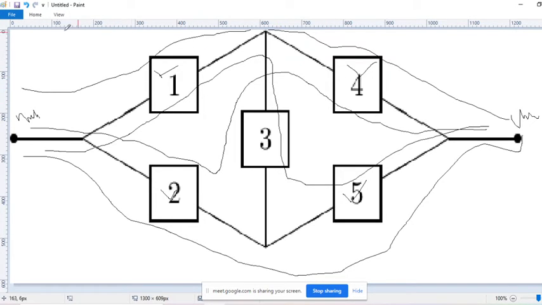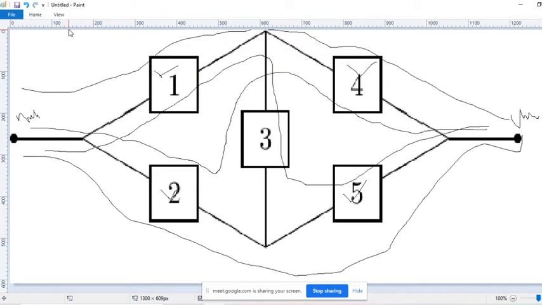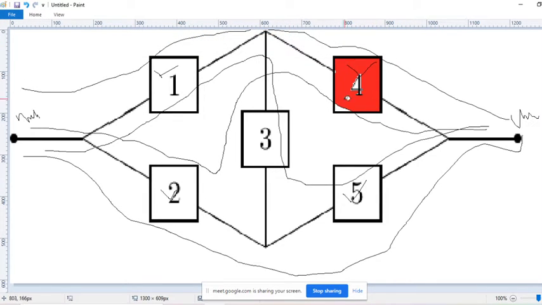On the other hand, we can think about another situation: this node is not working. What happens? The signal can go through either 1, 3, 5 or 2, 5. The signal cannot go through 2, 3, 4 or 1, 4 because this is not active.